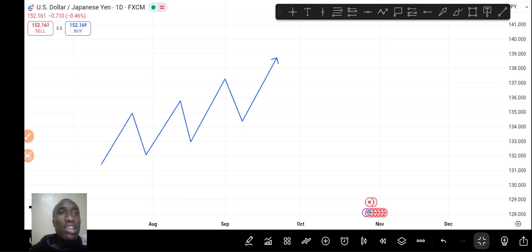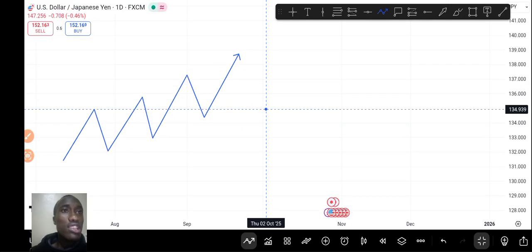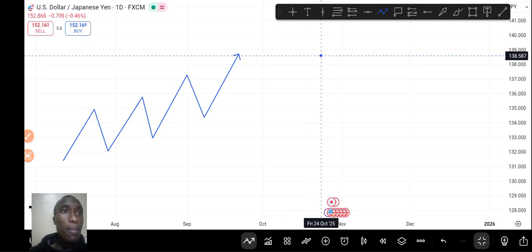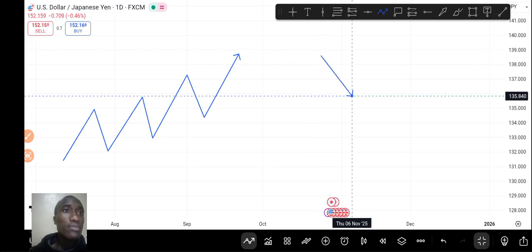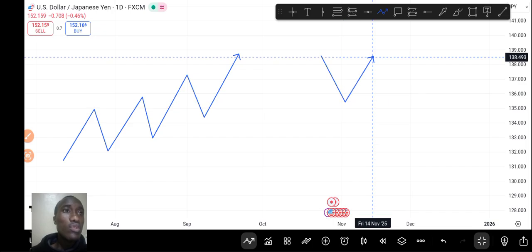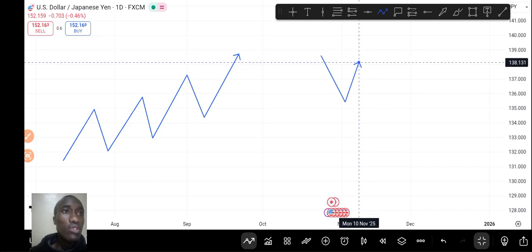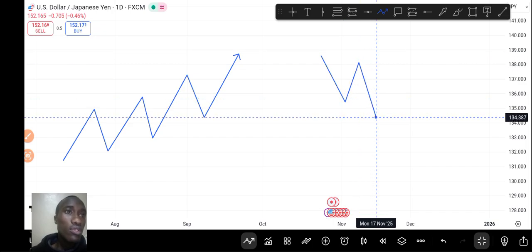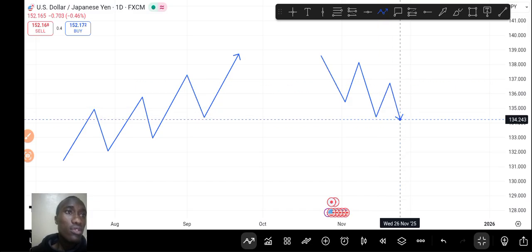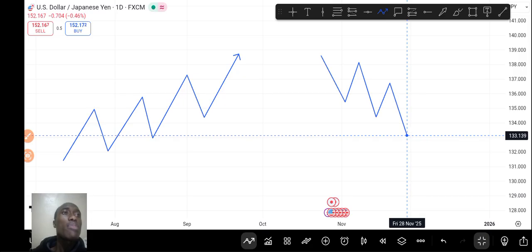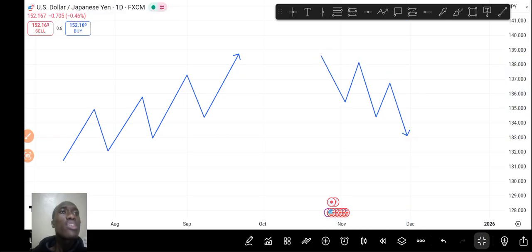Now, a market structure can look like this, or it can look like this.